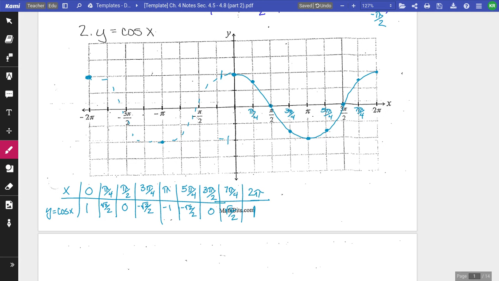I will be crossing the x-axis at negative pi over 2 and 3 pi over 2. So actually, my little dotted line didn't do too bad of a job. Again, I know what the curve looks like, so I can just follow that shape. If you want more exact, you certainly can do a table and plot more points. All right, so that is what a cosine function looks like.